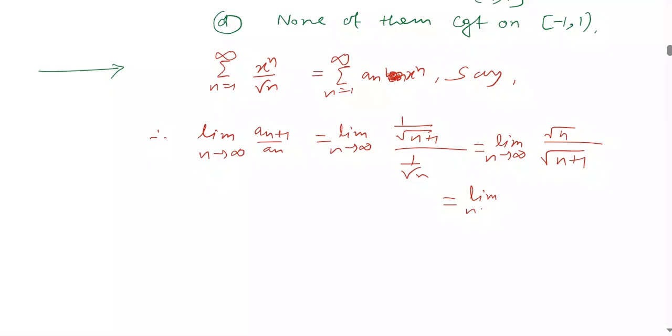Clearly it is equal to 1. How? 1 plus 1 by n, that is equal to 1. Okay, अच्छा, ये हो गया.